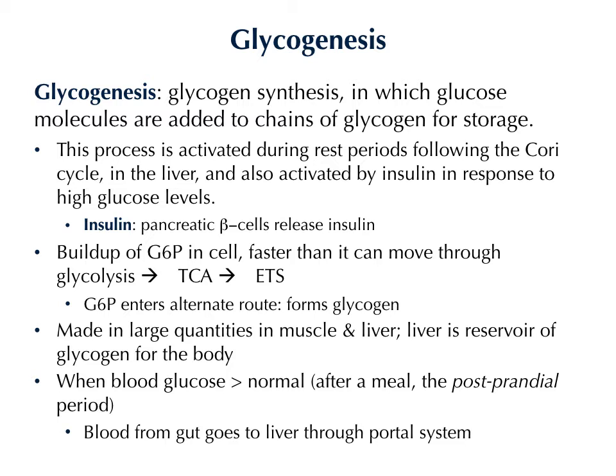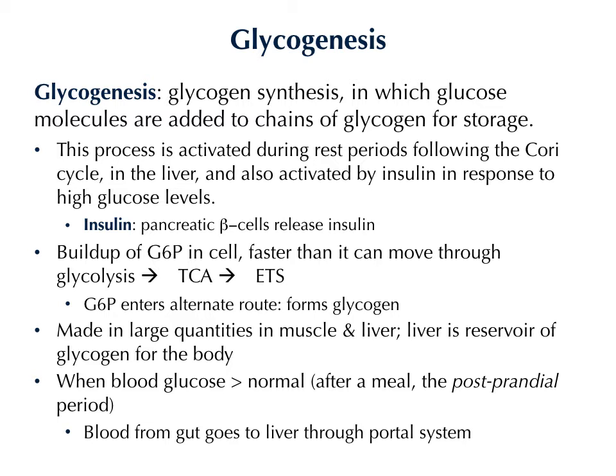Now, when we have high blood sugar levels and that glucose is entering our cells, our pancreatic beta cells will increase insulin in response to that high serum glucose level. And insulin is a hormone that will kind of open up those transporters to let the glucose be taken up in our cells.